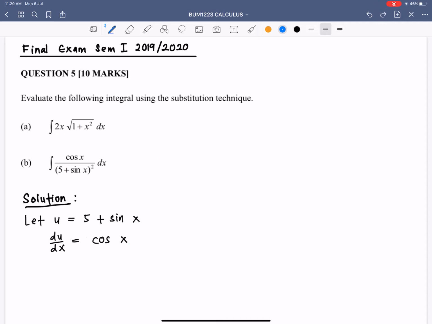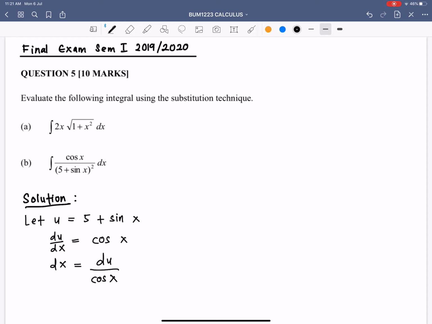From there, we want to find dx, where dx is du over cos x.